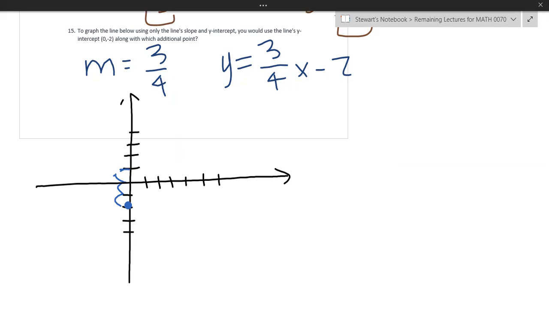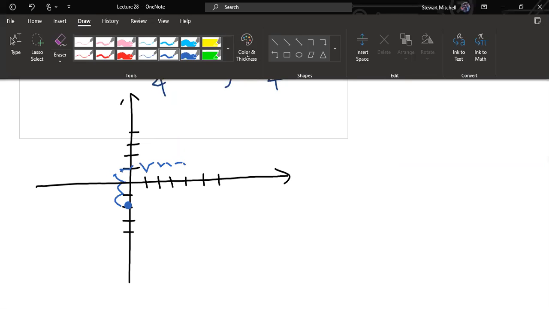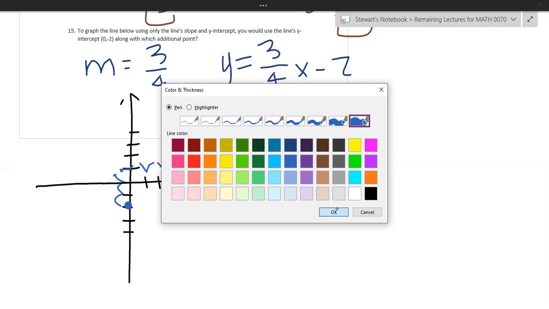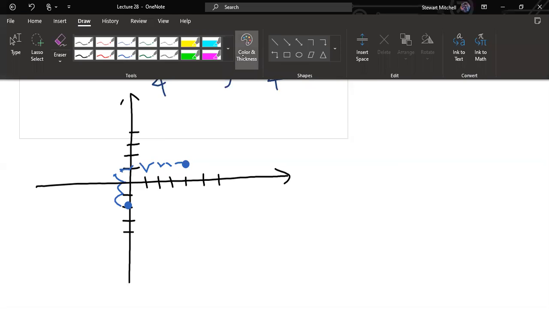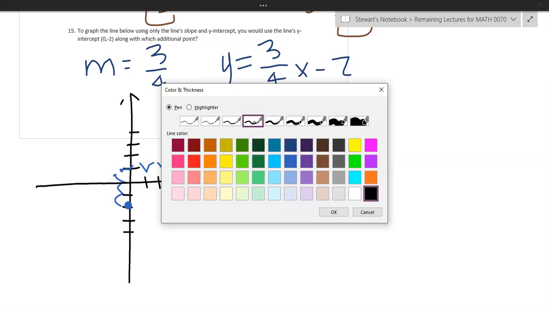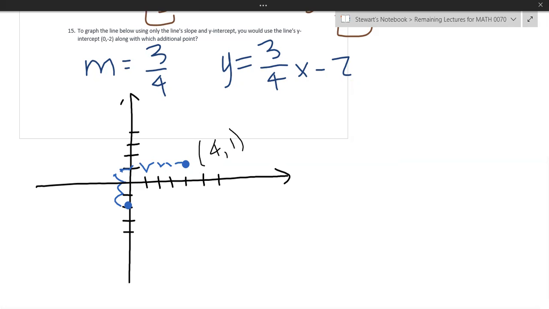Then we're going to go over to the right 4, which is 1, 2, 3, 4. So the next point is going to be right here, which, if you count, is at 4, 1. So this would be the additional point we would use.